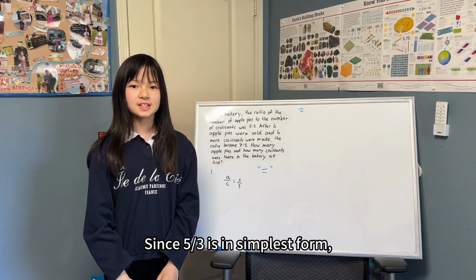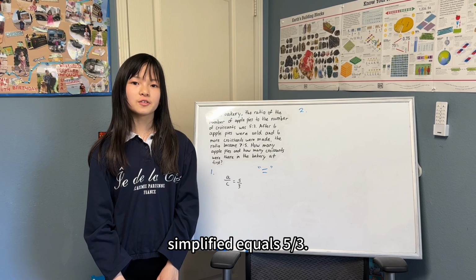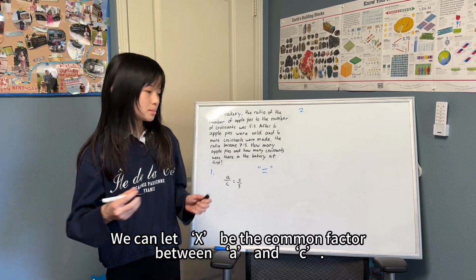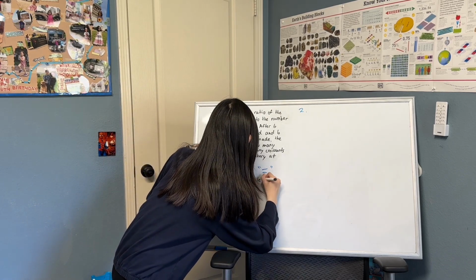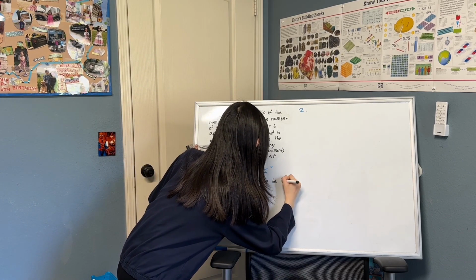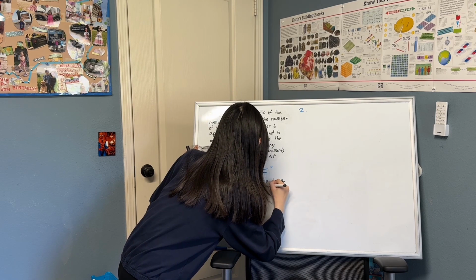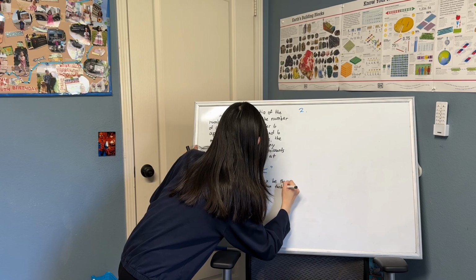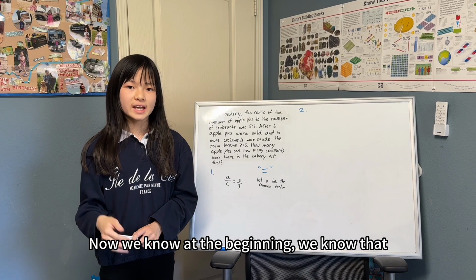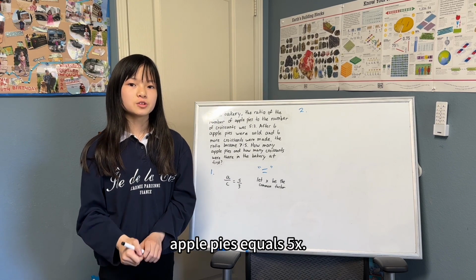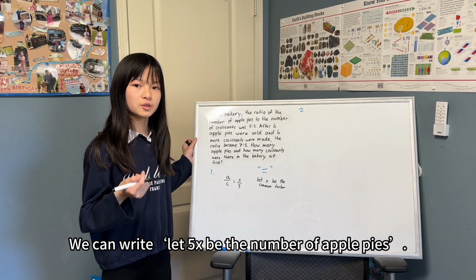Since 5/3 is in simplest form, it means that A over C simplified equals 5/3. We can let x be the common factor between A and C. Now we know at the beginning that apple pies equals 5x. We can write, let 5x be the number of apple pies.